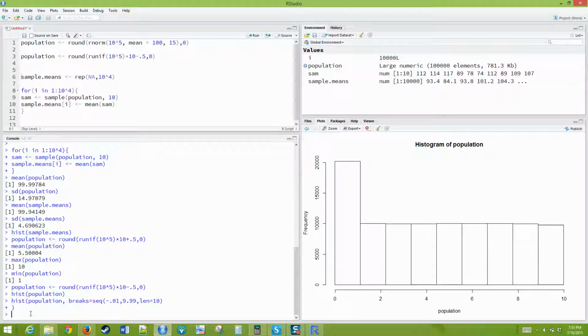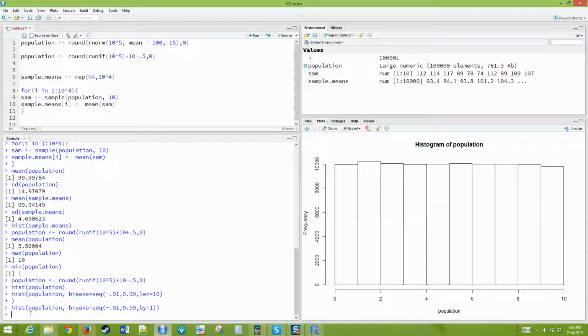Why is it doing that? Okay, so this is what I have.